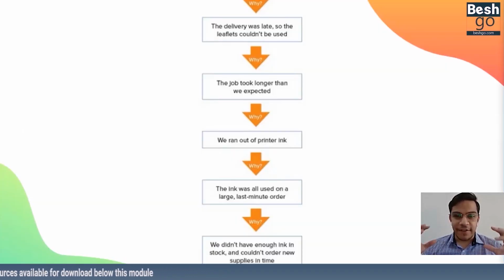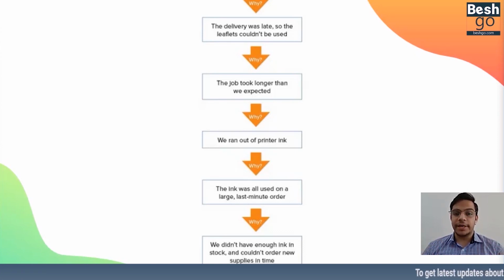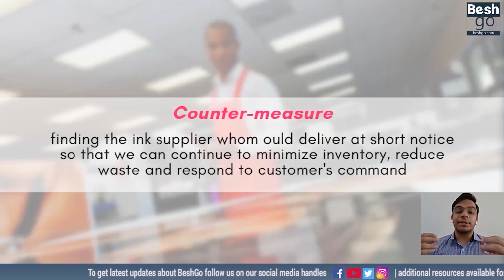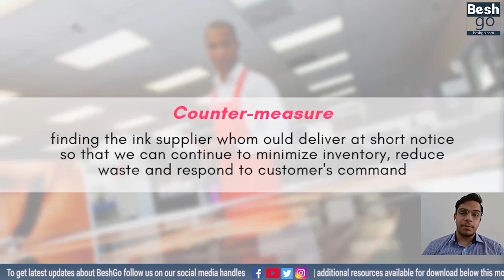When this final why was asked, it was found out that there was hardly any ink left in the stock, and since the ink they had ordered did not land on time, all these delays had been created. Now let's look at what the countermeasure needs to be.